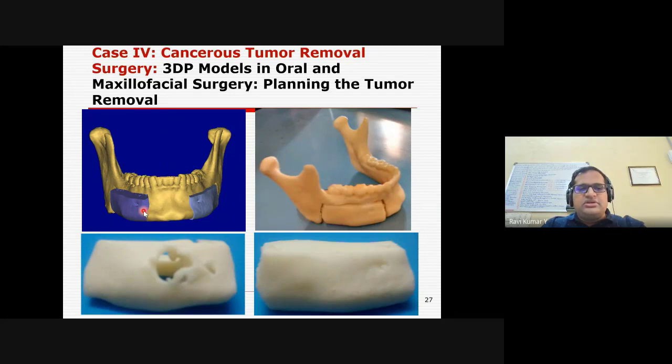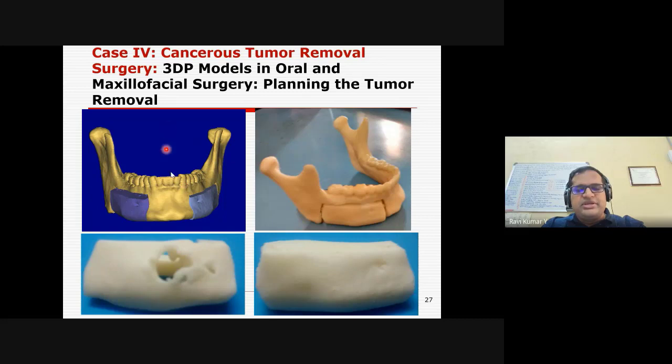You can do that designing in software like Materialise, making use of the surviving side for the defect side.